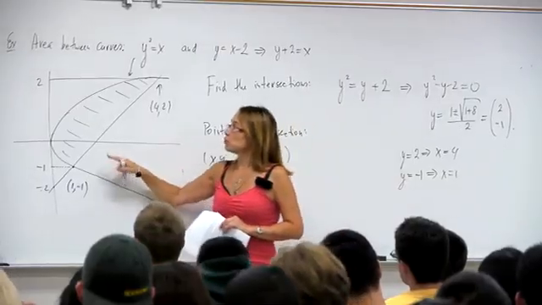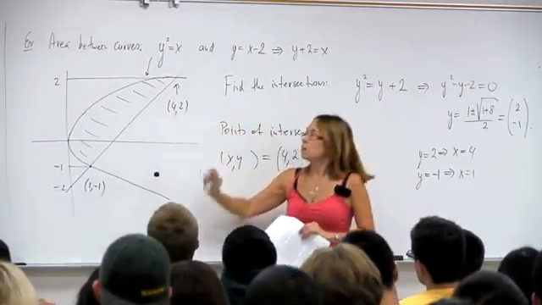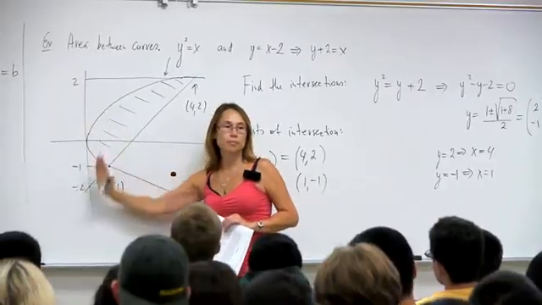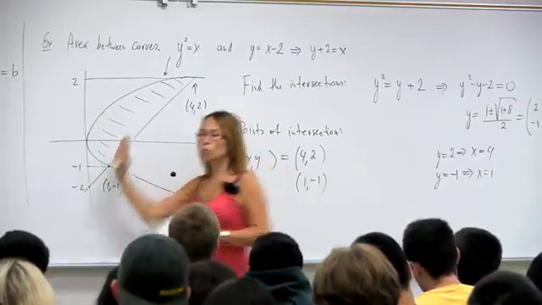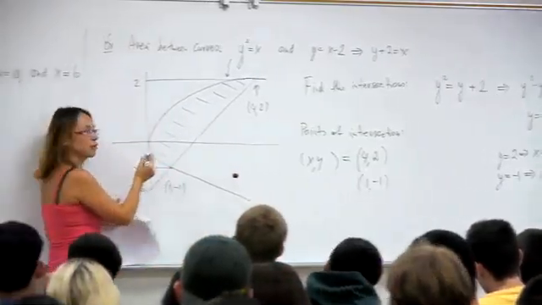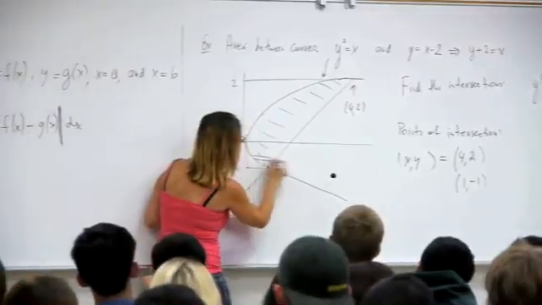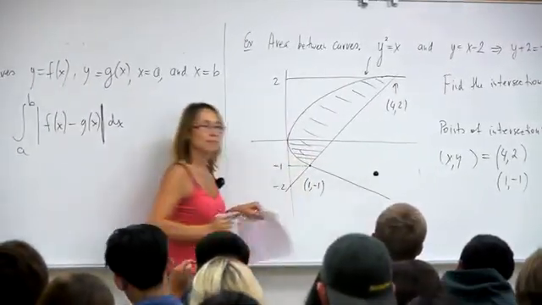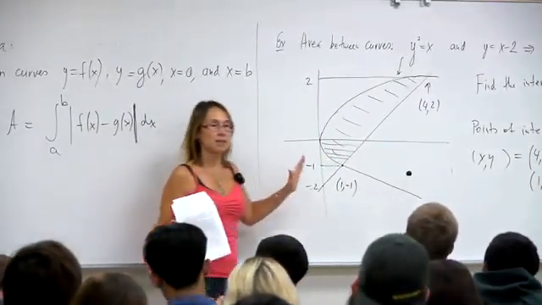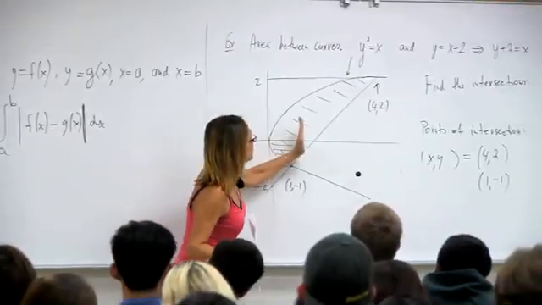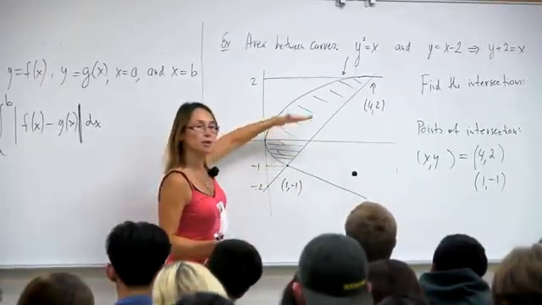And the trick is to not integrate in terms of x, but integrate in terms of y. Integrating in terms of y means that I'm calculating my area by splitting it into horizontal rectangles. Okay? Does this make sense? Instead of splitting it like this, I'm going to slice it in the horizontal direction.